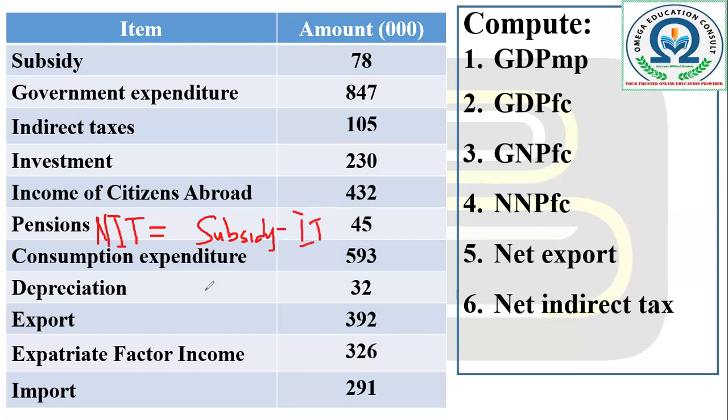So we'll go through our data. We find our subsidy. So the subsidy value is 78,000, minus the indirect taxes, which is 105,000.